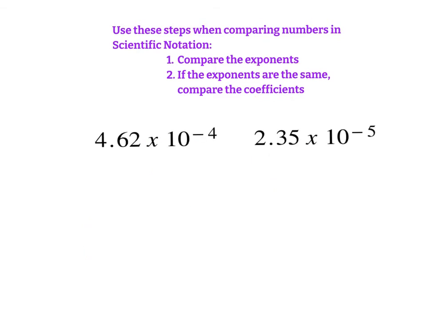Okay, now let's go through our steps again. Now here we have negative exponents. We're going to compare the exponents. Now you have to be a little bit careful here when you're thinking about these numbers. Which is bigger, a -4 or a -5?